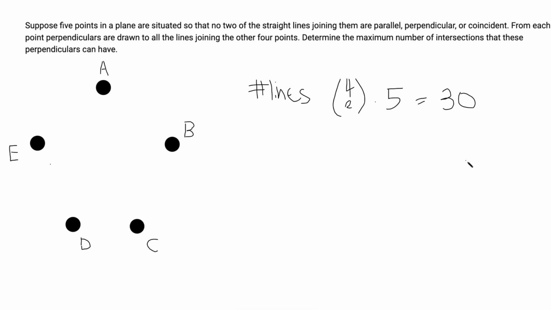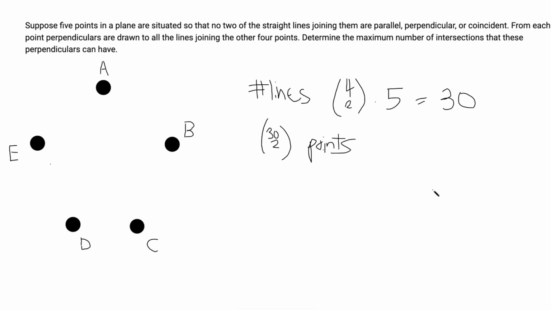How many points of intersection can we create from 30 lines? The maximum number of points of intersection for 30 lines will be 30 choose 2. And that's because for any 2 lines drawn, they will intersect at 1 point. However, this is not the final answer, because if lines are parallel, no points of intersection will result.